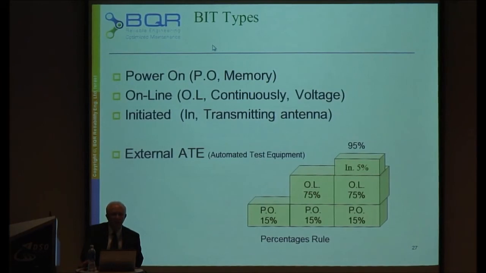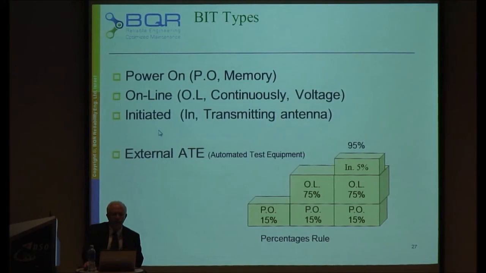There are several types of built-in tests in a system. When you power on a system, mostly it's done in computers for the memory. You cannot check the memory during operation. An online BIT means it runs and checks all the time. It can check only voltages.